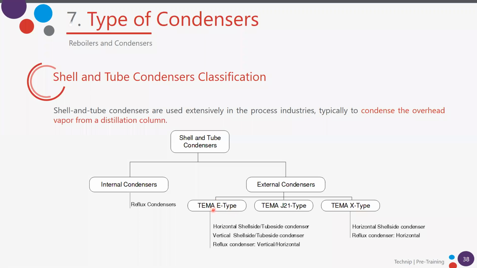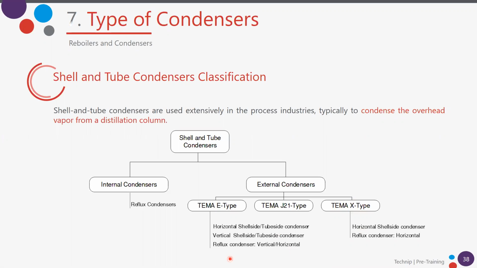Yeah, sure. For external condensers, we have different types according to the TEMA type: the E type, the G type, and the X type. And according to their configuration, we can have them horizontal, shell side or tube side condensers.